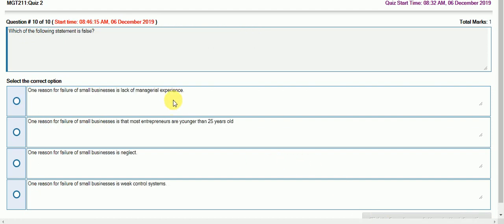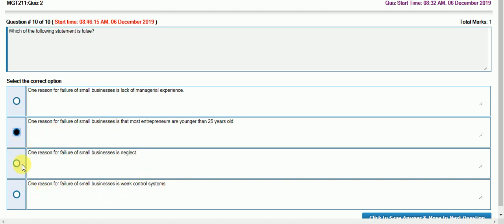Which of the following statements is false? One reason for failure of small businesses is lack of managerial experience. This is true. One reason for failure of small businesses is that most entrepreneurs are younger than 25 years old. I think this must be the answer, but let's check out other options as well. One reason for failure of small businesses is neglect.